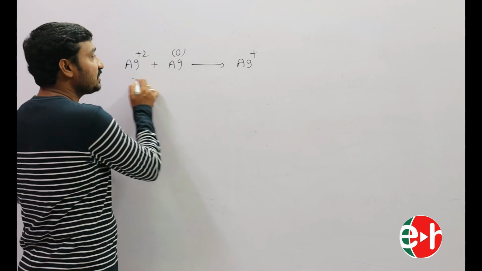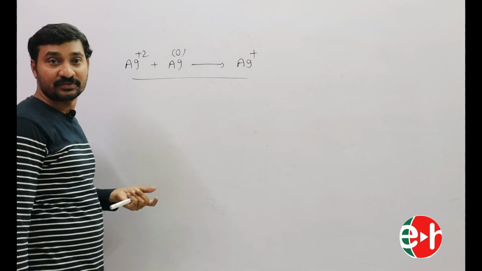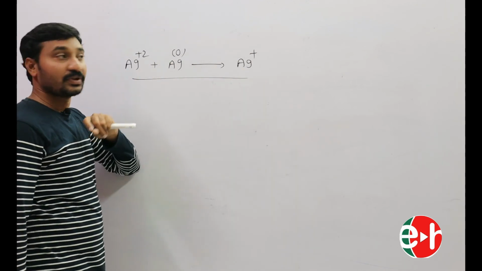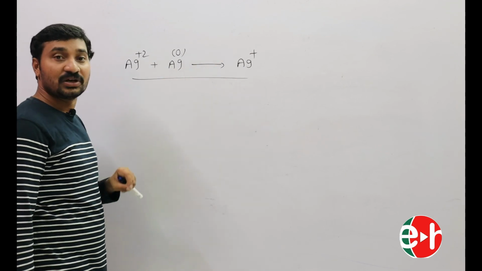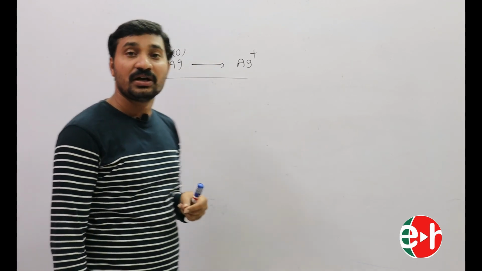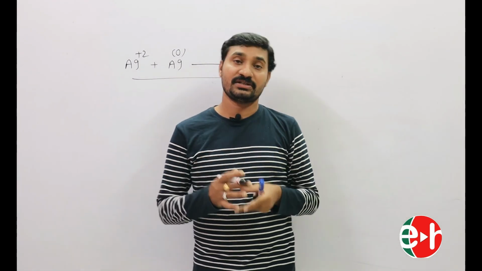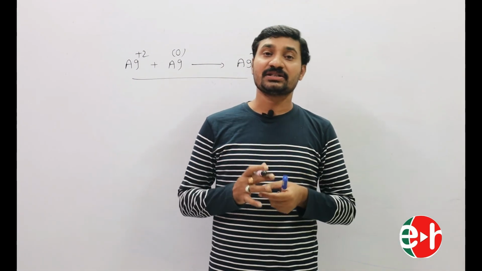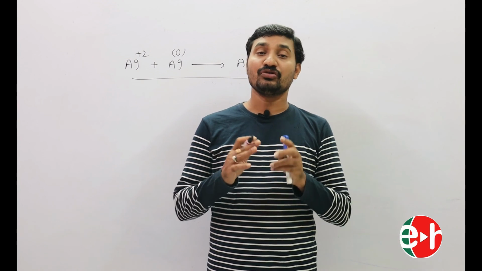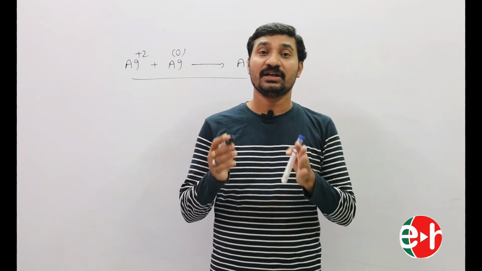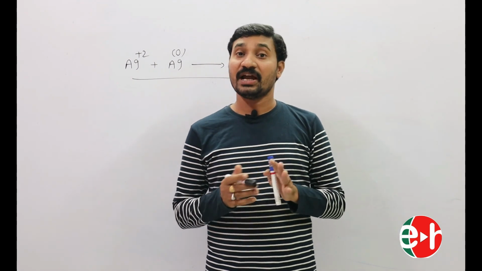Got it? So this is comproportion reaction. +2 to +1 reduction, 0 to +1 oxidation. So these are the types of redox reactions. Okay, in the next class we will discuss how to balance the redox reactions in acidic medium and alkaline medium.